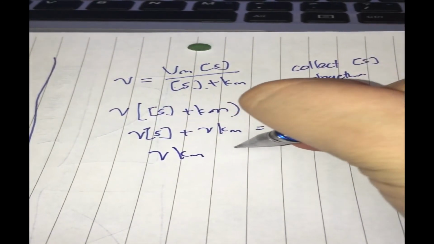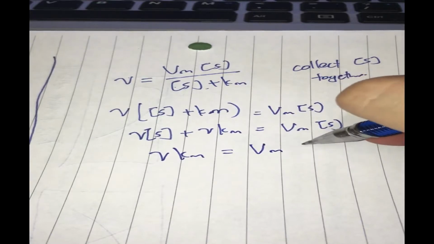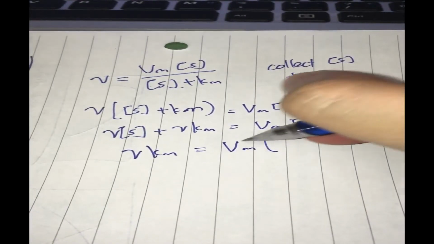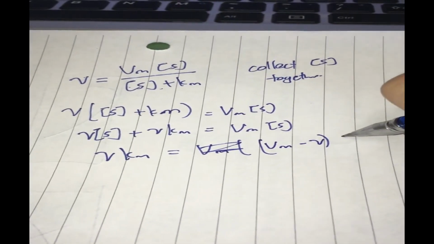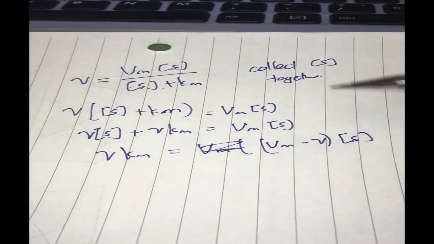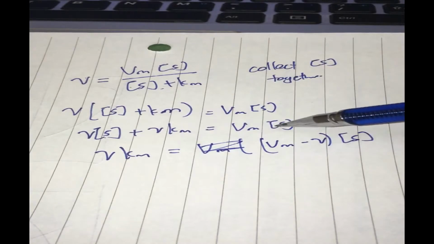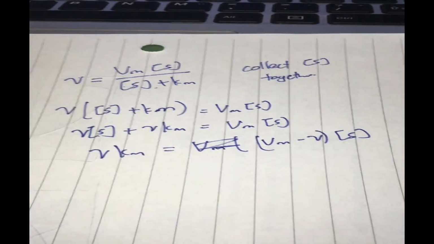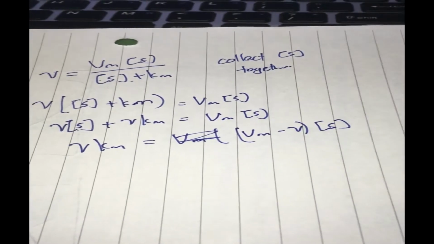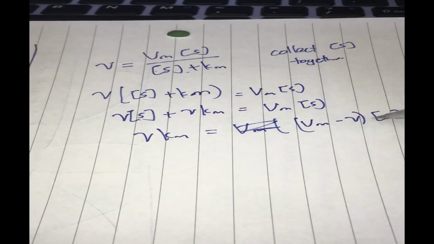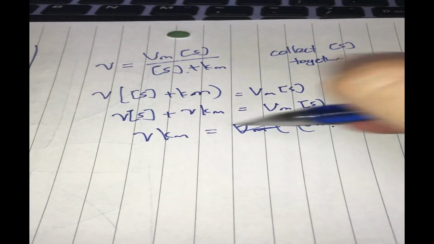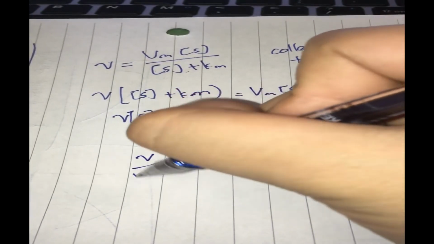V km, so you have this brought to the right hand side. Okay, so once you collected all these s together, you can bring this over.